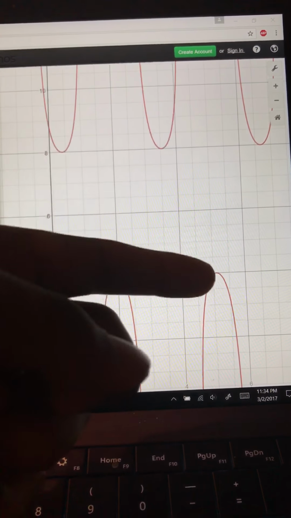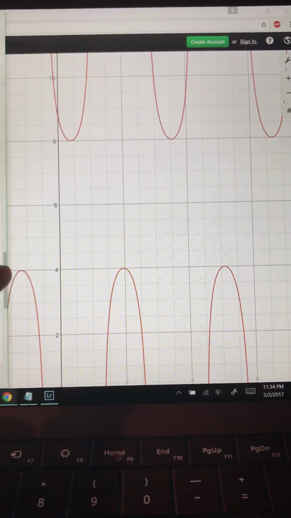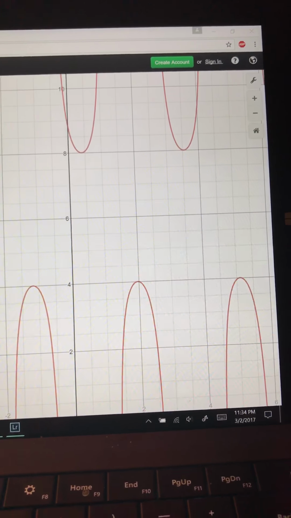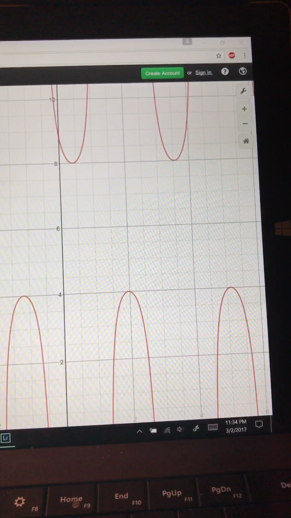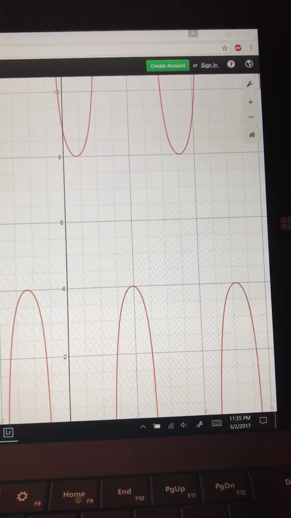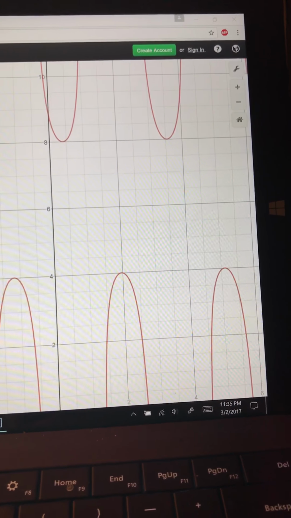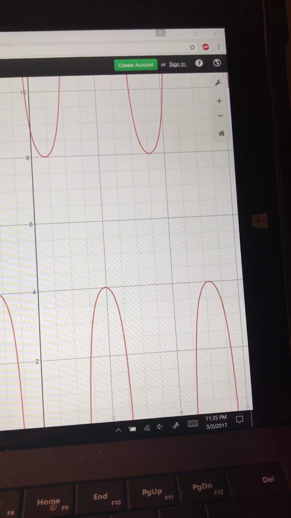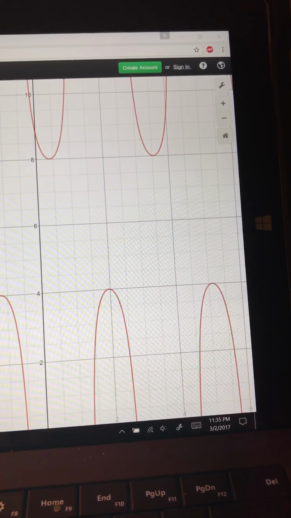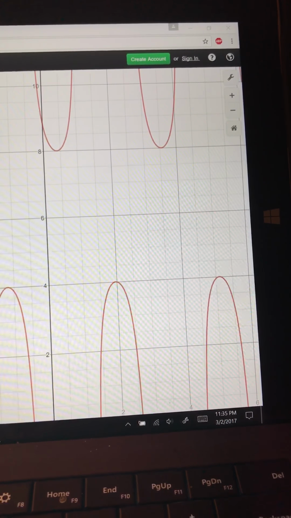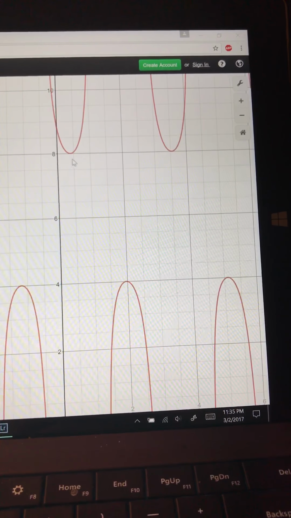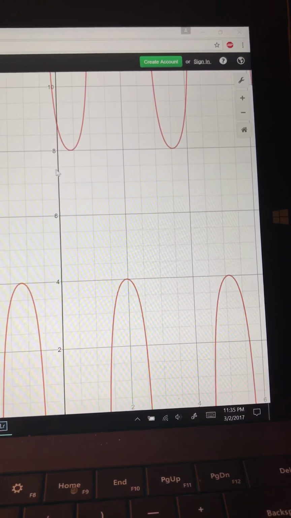So we have to keep adding pi. It also goes negative. And then the domain is all real numbers except for the asymptotes. And the range is negative infinity to 4, and the 4 is included, union 8, which is also included, to infinity. And these are just the points that would be unable to work.